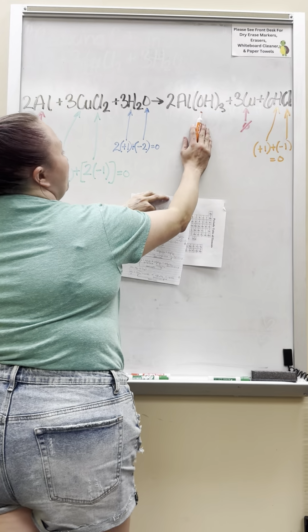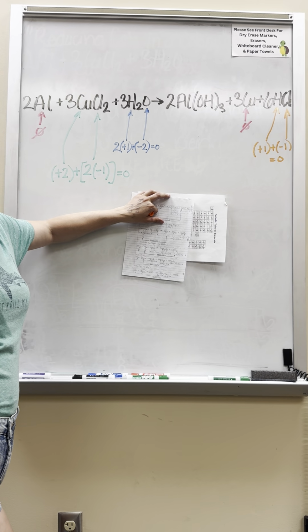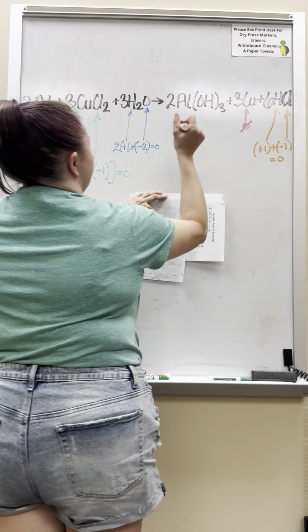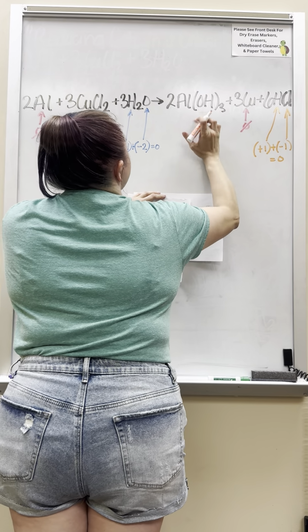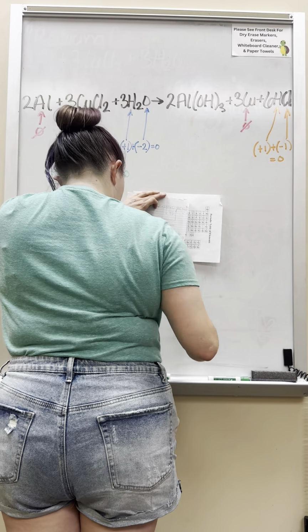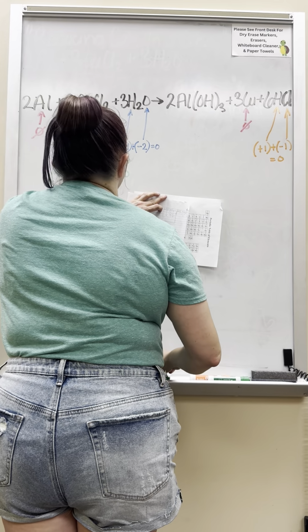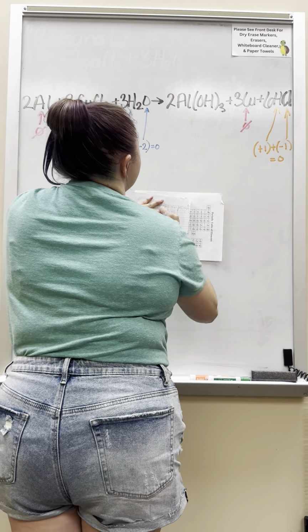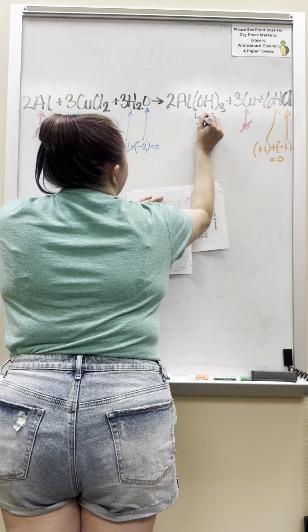Okay, we know OH in general as a polyatomic ion is -1. So we can say that this is -1. Let's do this in a different color, purple. OH is -1.